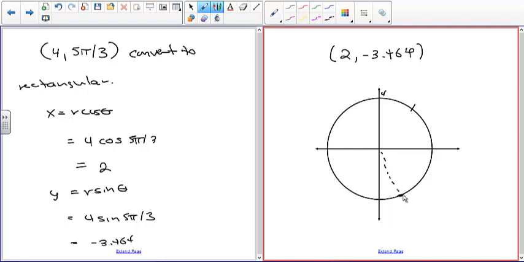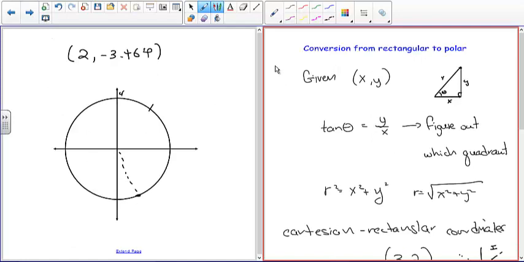As a consequence, the y value should be larger in magnitude than the x value, which is true. It's negative, which is true, and x is positive, which is true. So it all makes sense if you draw it using the unit circle concept, even though it's not a unit circle, it's a circle. Okay.